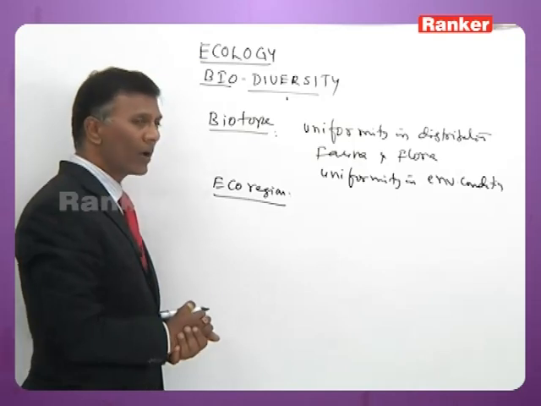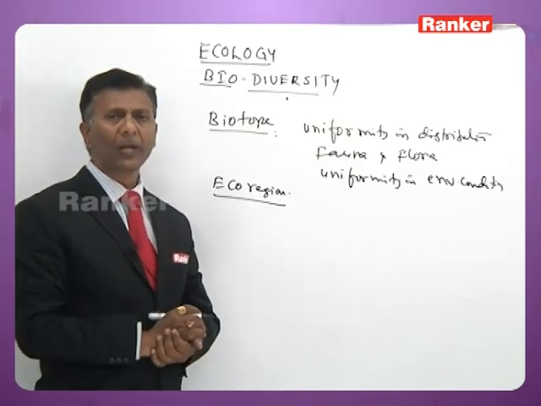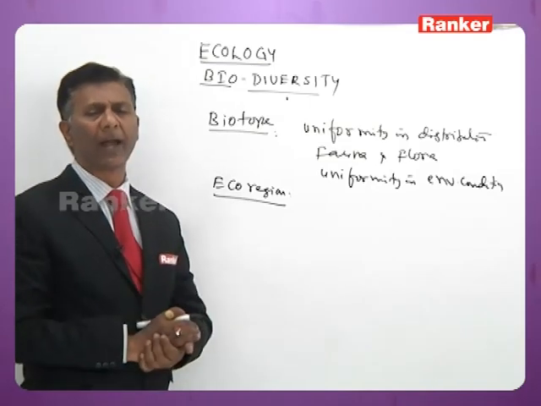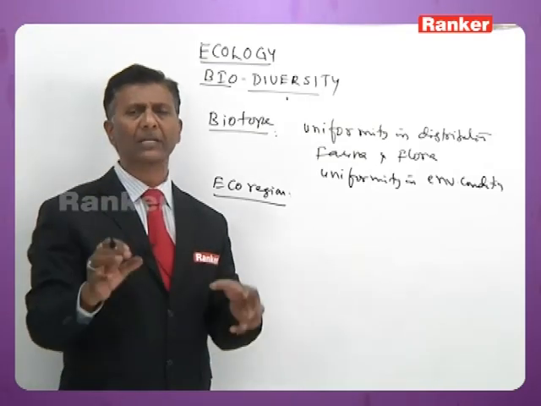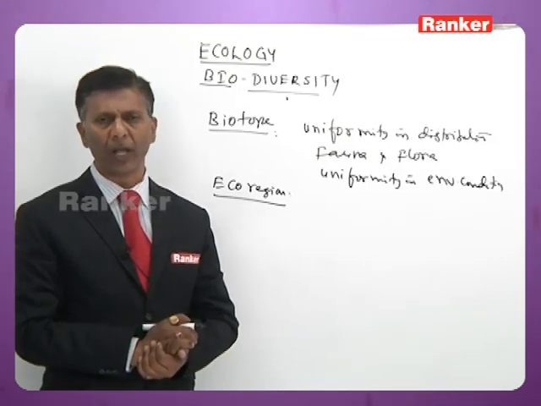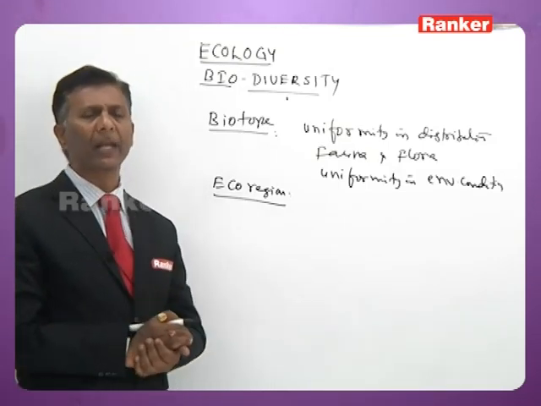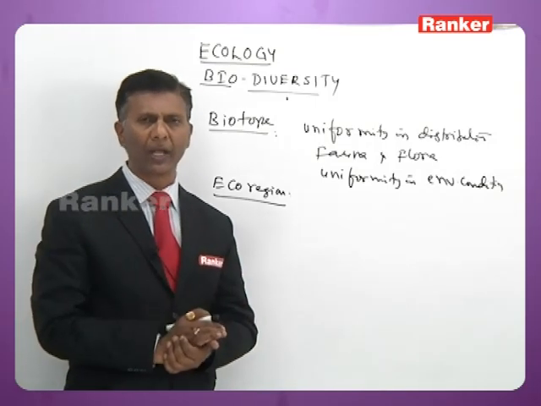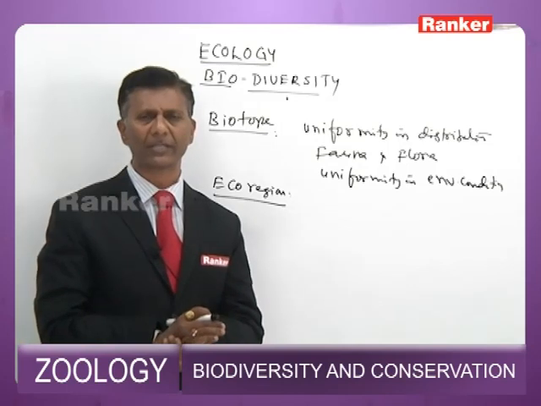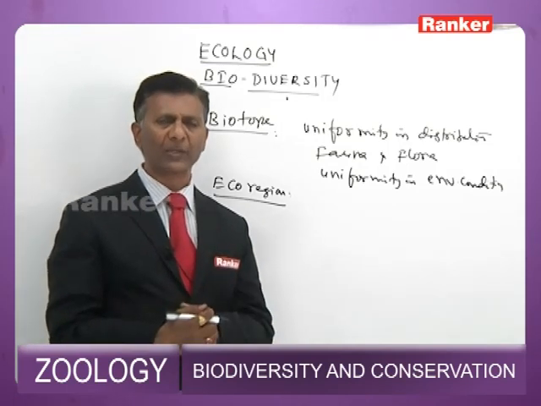Then next we have another one called ecoregion. Ecoregion is a natural habitat with a characteristic fauna and flora. It is a natural habitat present in a particular geographical area with a characteristic fauna and flora and with characteristic environmental conditions. For instance, take the tundra biome, where sunlight is available only for 6 months and there is complete darkness for 6 months.